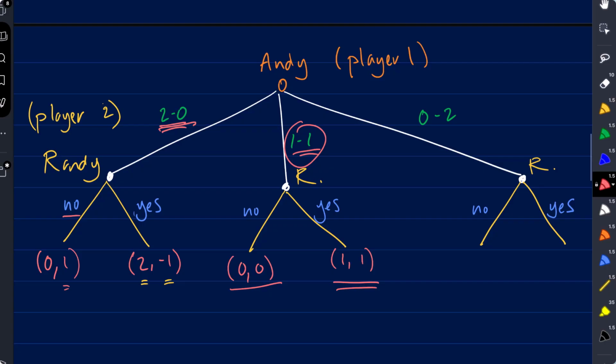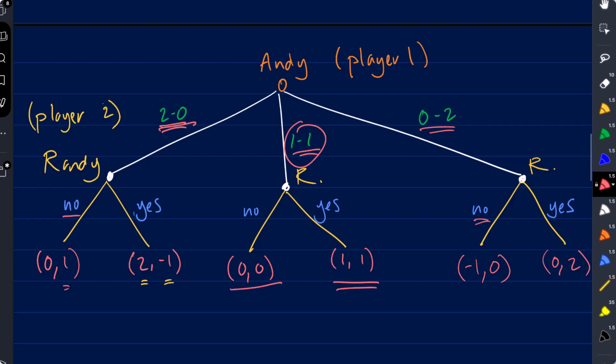Then if Andy proposes 0-2, both items go to Randy, then Randy's payoff is going to be 2, Andy's will be 0. And if in this situation Randy says no, then Andy's payoff, let's say, will be -1, and Randy's will be 0.